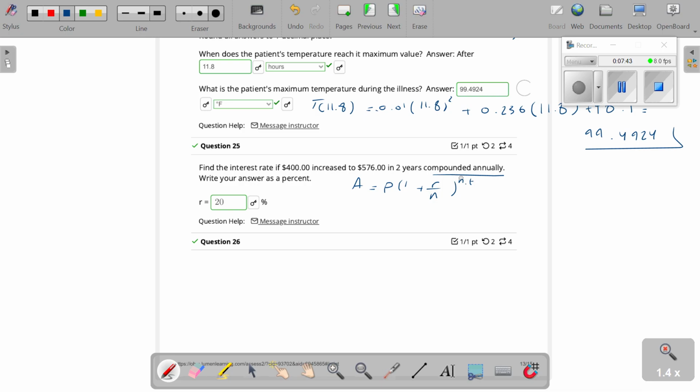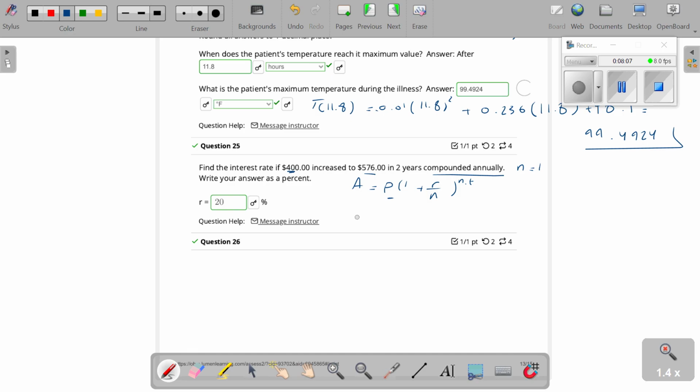n is the number of times that the money is compounded in a year. When you say compounded annually, that means n is 1, because once a year the money is compounded. The principal is 400, and 576 is the final amount.